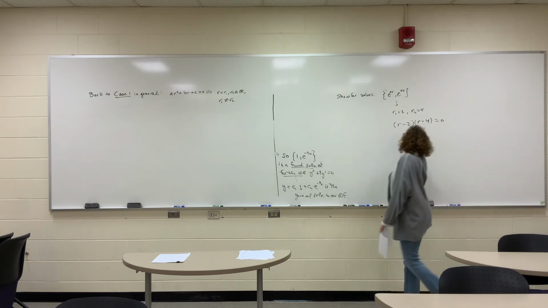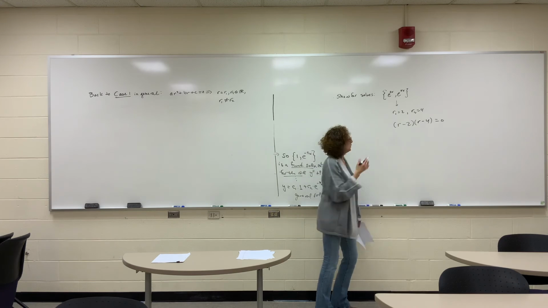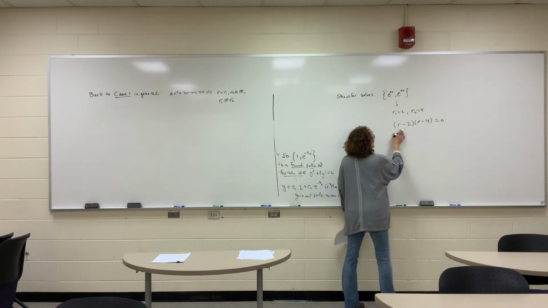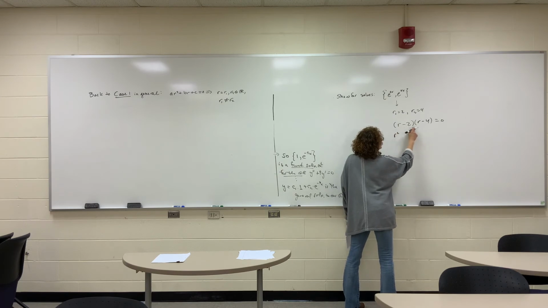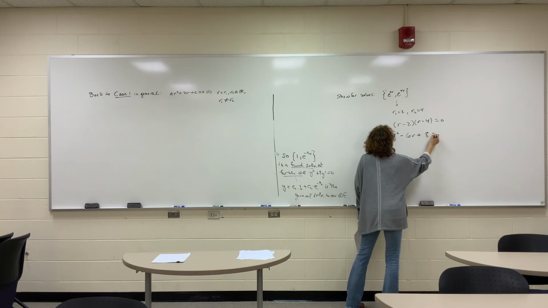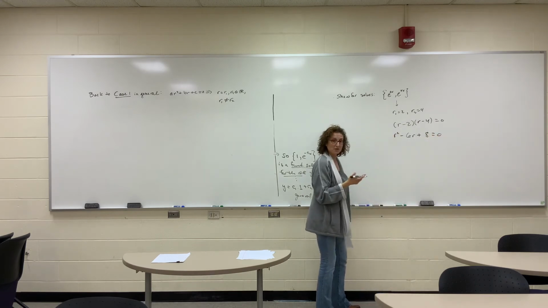But if we foil it, and unfactor it, then we're going to get R squared minus 2r minus 4r is minus 6r, plus 8 equals 0. So that would have been the characteristic equation.